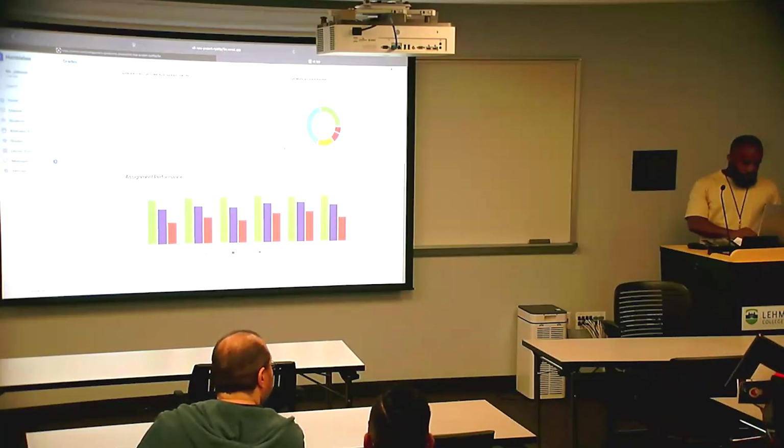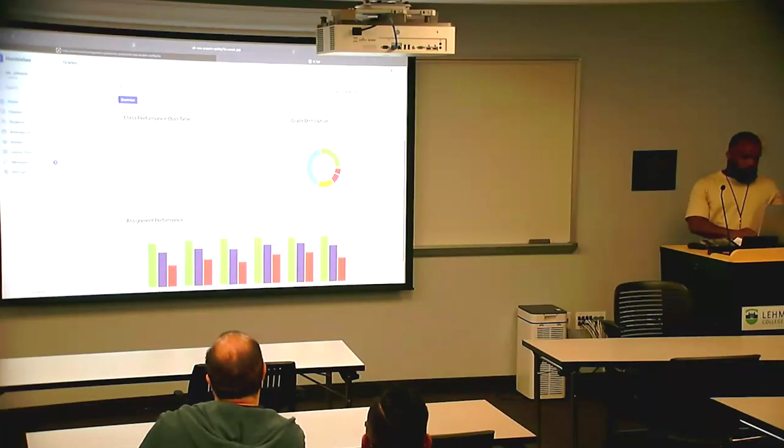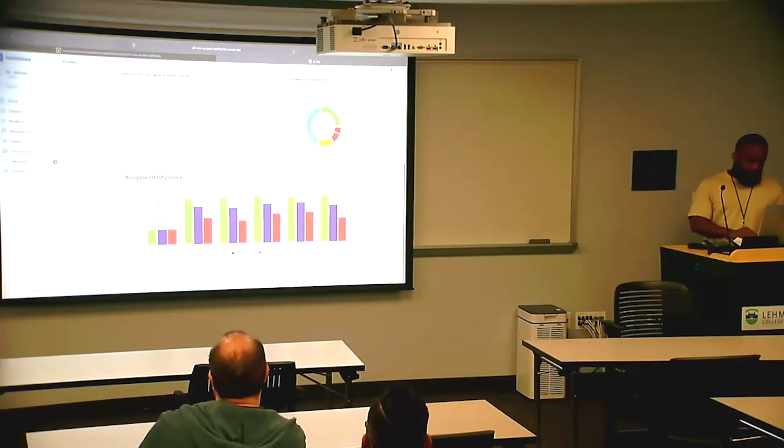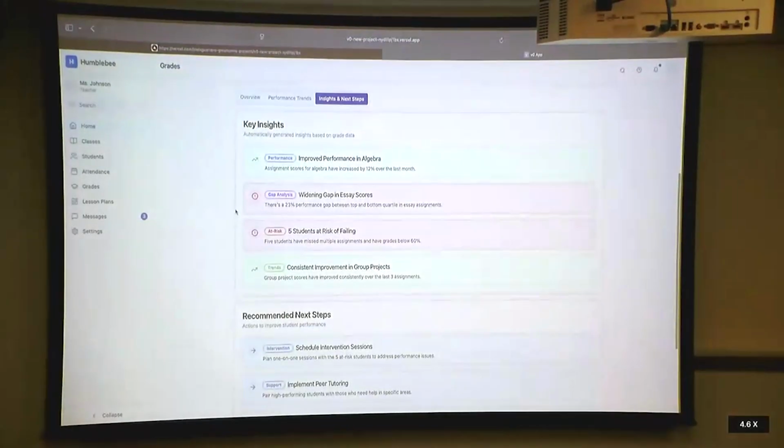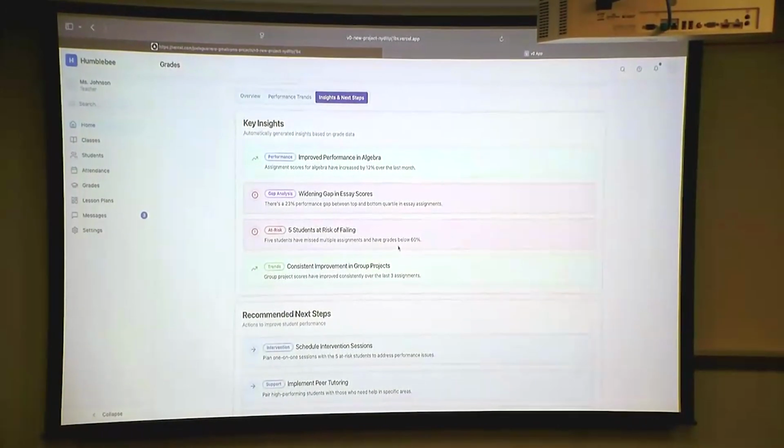So here it shows trends within grade distribution, assignment performance, but even more impressively, it gives us insight into how teachers can improve their classroom as a whole.